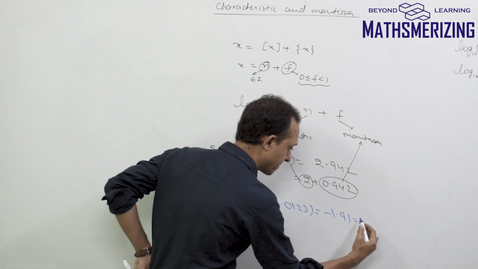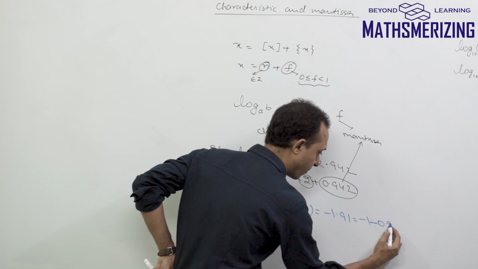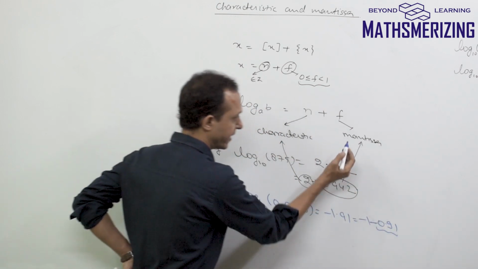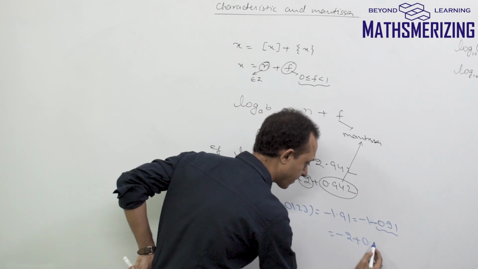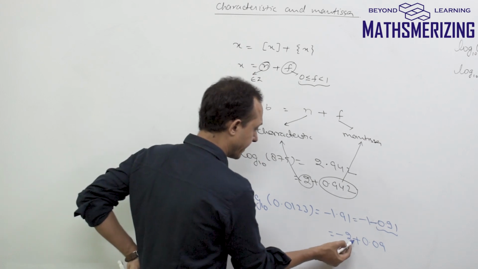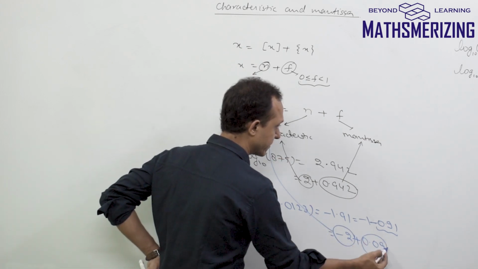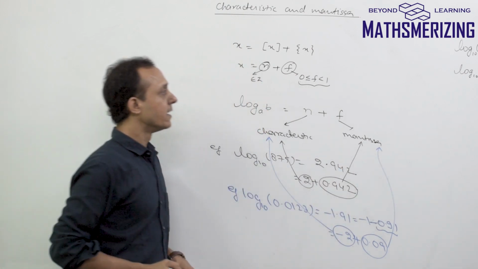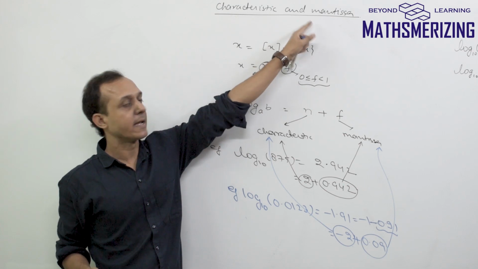So I can write it as minus 1 minus 0.91, but then the fraction part should be positive. So actually I can write it as minus 2 plus 0.09. Now in this case, characteristic is minus 2 and Mantissa is 0.09. So there will be many questions which are based on characteristic and Mantissa.